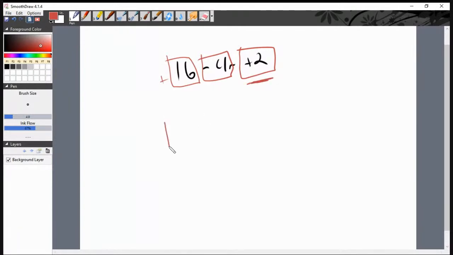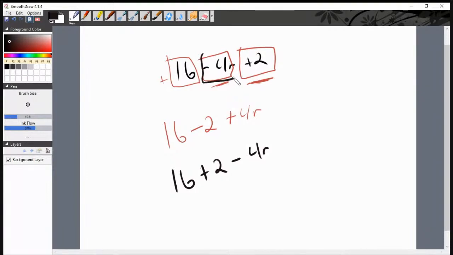So if I were to rewrite it, 16 minus 2 plus 4r, I'm making this a negative and I'm making this a positive. I can't do that. I mean, I can do that, but I'm going to get the wrong answer, right? So what I need to do is rewrite it a different way. It needs to be 16 plus 2 minus 4r. I need to retain the signs of the original numbers. It's negative 4r and positive 2. That needs to be the same here.